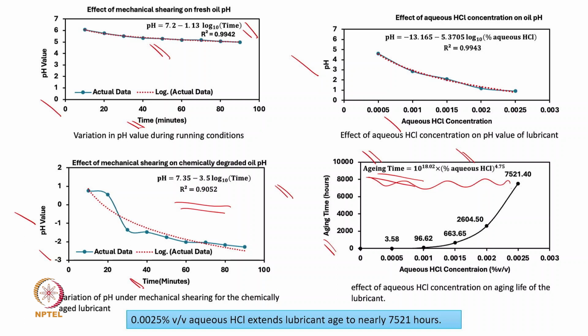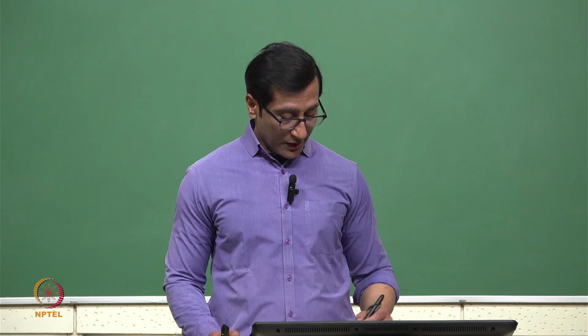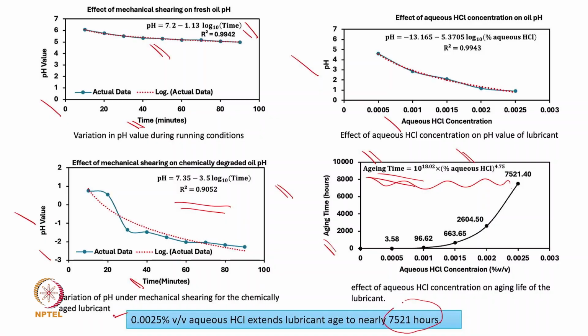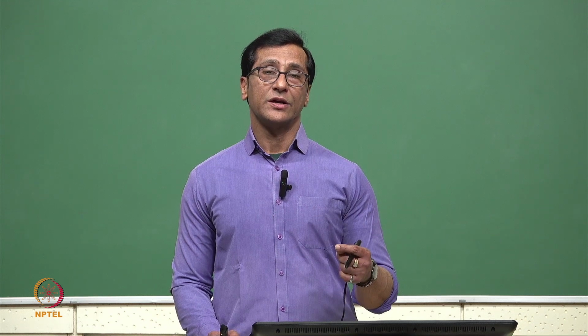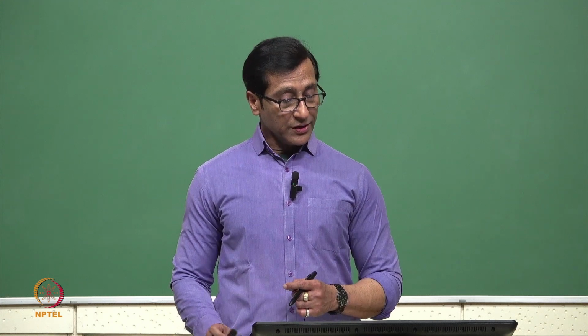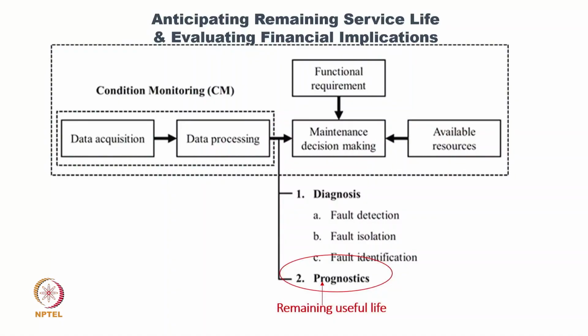This is possible, and here we use a very small quantity of HCl, 0.0025%, which is almost negligible, and that itself creates aging of oil like 7521 hours. That means we can do an accelerated test by learning the tribocorrosion phenomena properly, and we can really do an accelerated test with proper judgment.